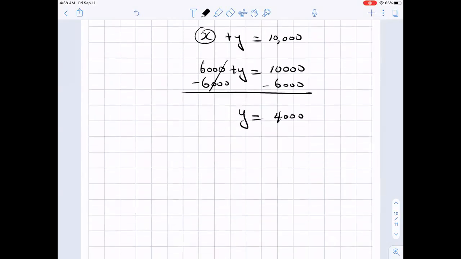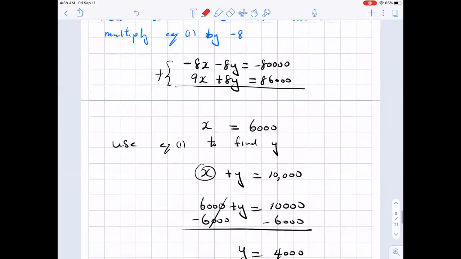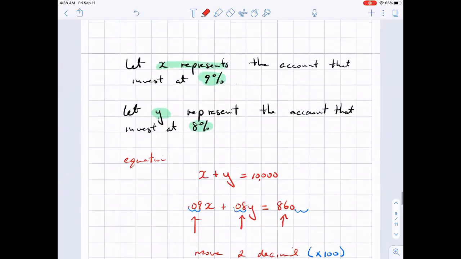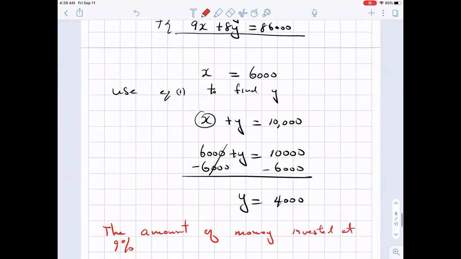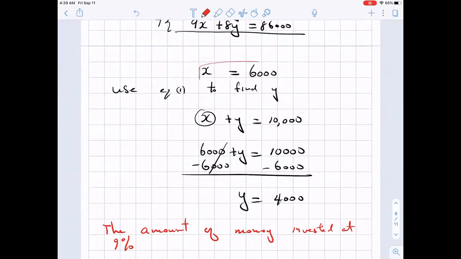So what we do know is the amount of money invested at 9%, right? If you look up here, X was at the 9%. So what value did you obtain for X? You obtain X to be 6,000.